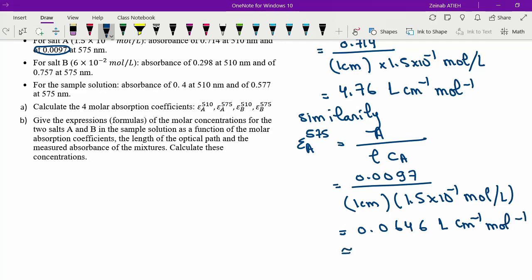Or we can say it's approximately 0.065 liter centimeter minus 1 mole minus 1.